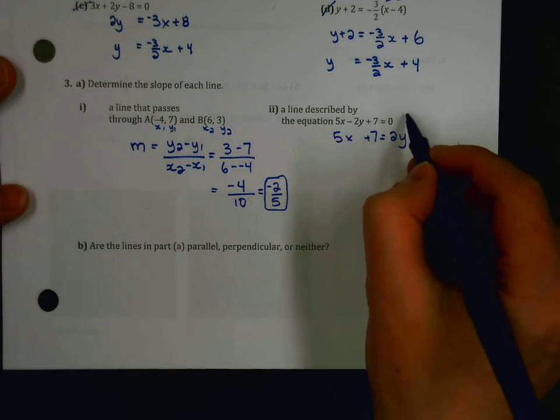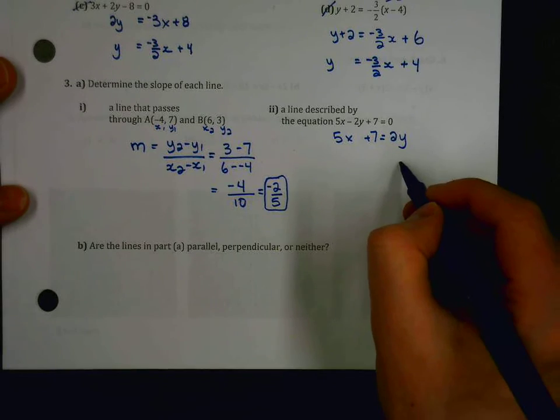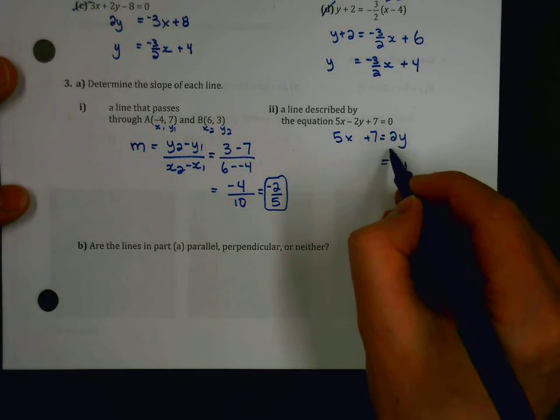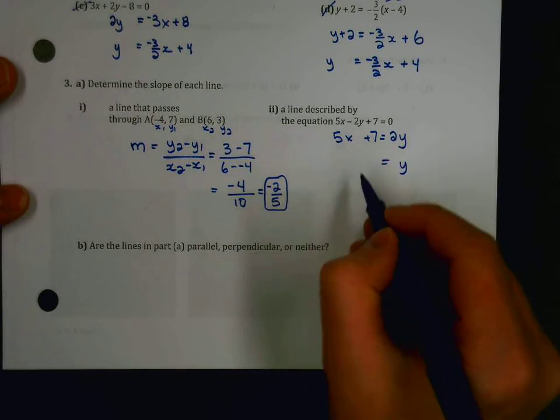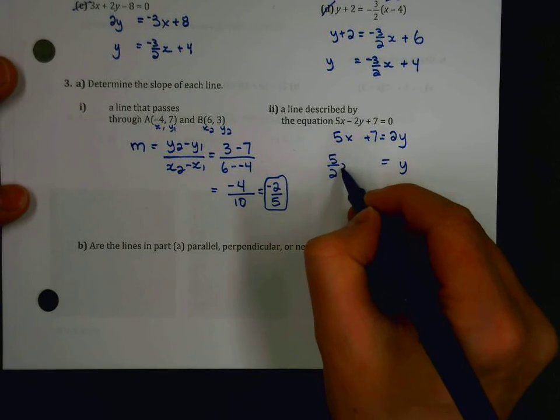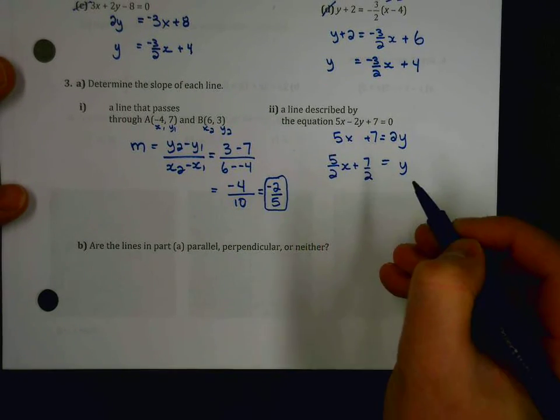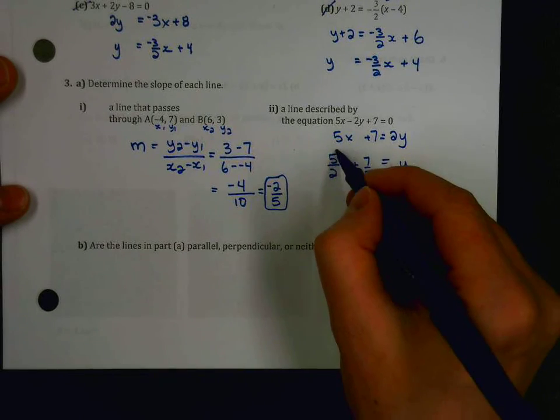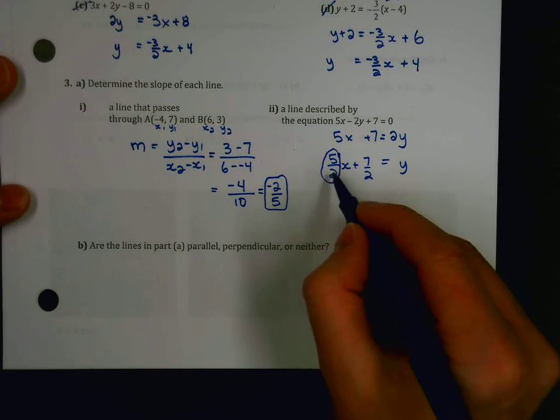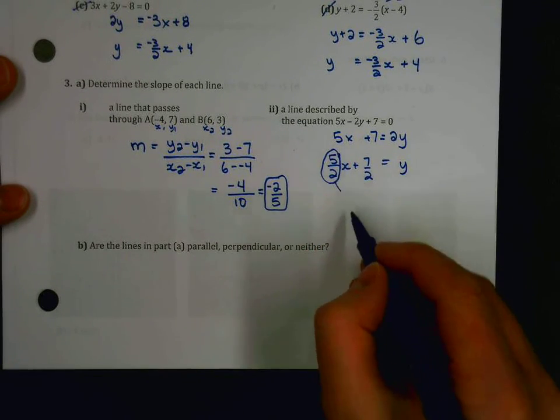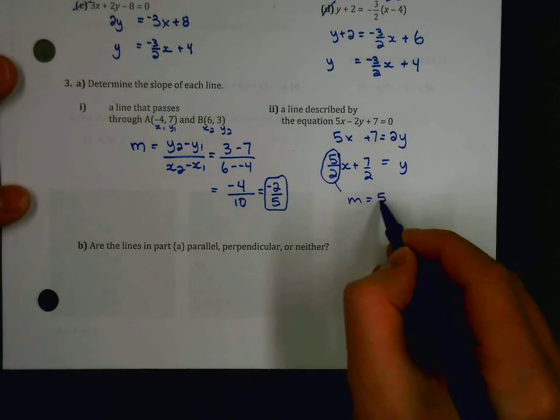Plus 2y, plus 2y. Done. Divide both sides by 2. So divide by 2, divide by 2, divide by 2, and we have 5 over 2 x plus 7 over 2. What's the slope of this line? Again, in y equals mx plus b, there's my m. It's 5 over 2.